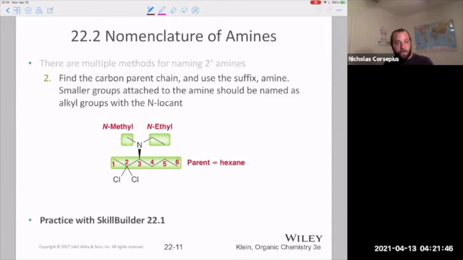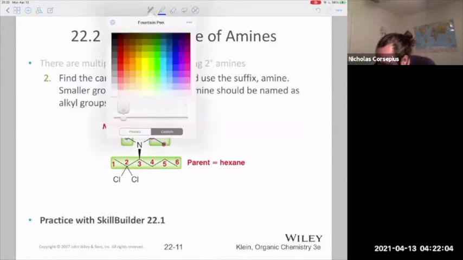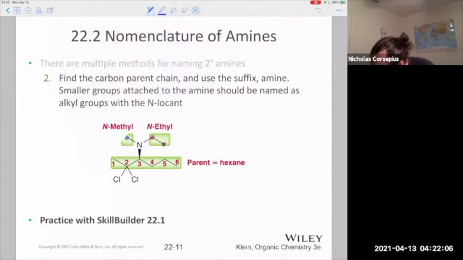So here I'm going to number from left to right. But what do I do about these two carbons on the nitrogen and this carbon on the nitrogen? This is a tertiary amine, so I have to account for those carbons as well. Well, let's first assume that they weren't there. How would that look? So these are gone.